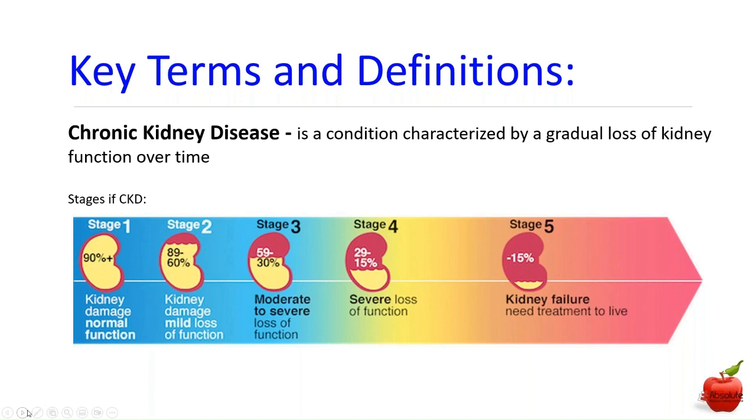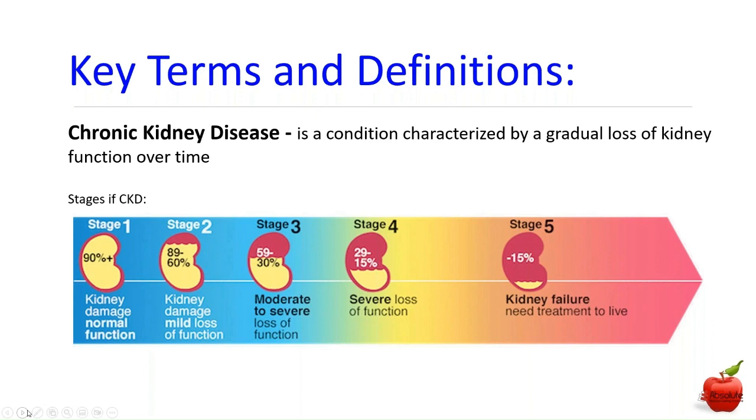Chronic kidney disease is a condition characterized by a gradual loss of kidney function over time. As you see with the stages, with stage one, you've got 90%, give or take, some a little over. You've got some kidney damage, but the kidney is functioning normally. With stage two, you're at 89 to 60%. You have some kidney damage, but there's mild loss of function. And then with stage three, you're at 59 to 30%, moderate to severe loss of function.